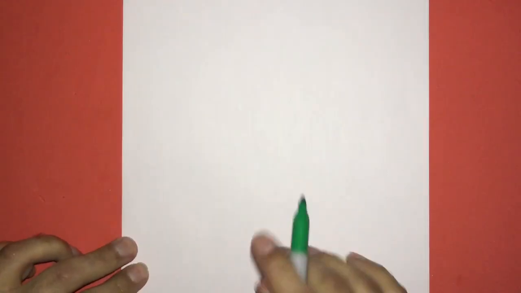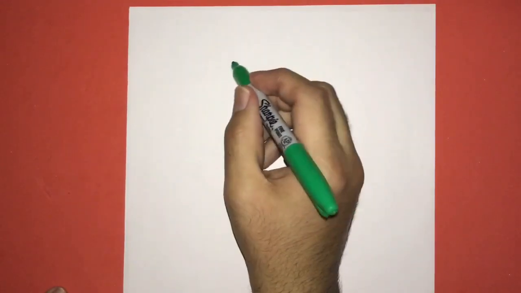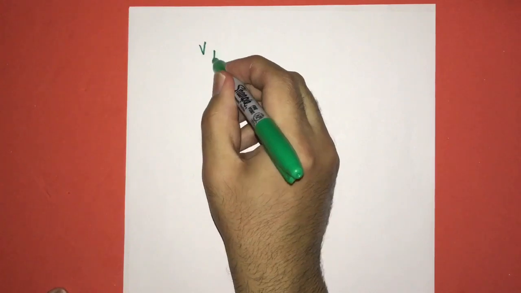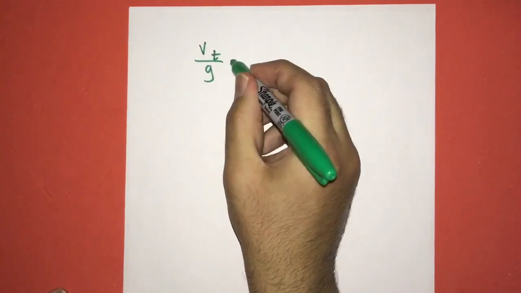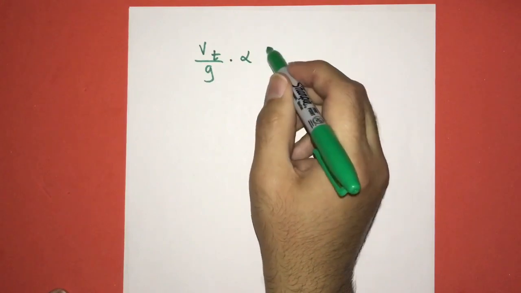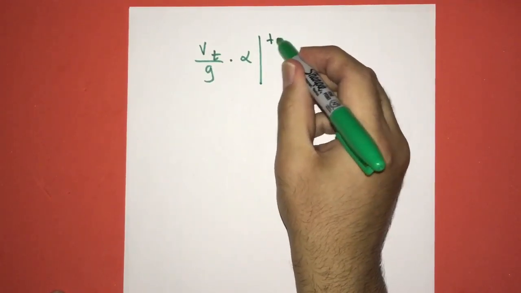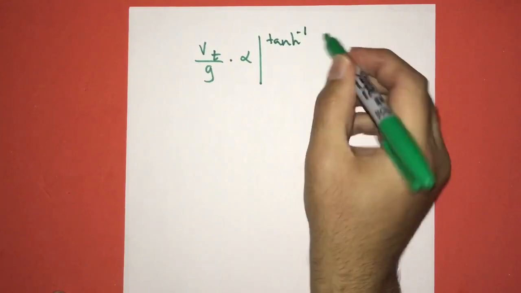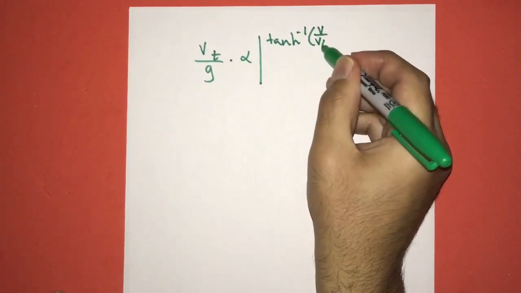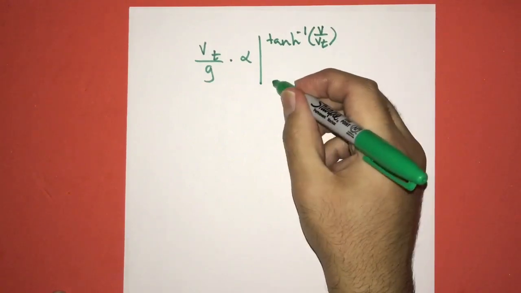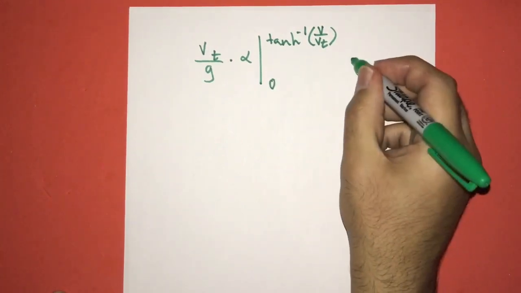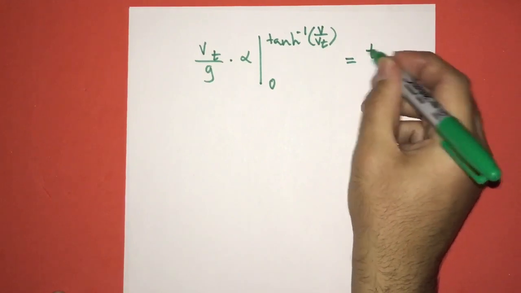So now we have terminal velocity over gravity times alpha, and we're going to evaluate that at our upper limit of integration, which is the hyperbolic tangent inverse of v over our terminal velocity, and our lower limit of integration is 0, and this is going to be equal to our time.